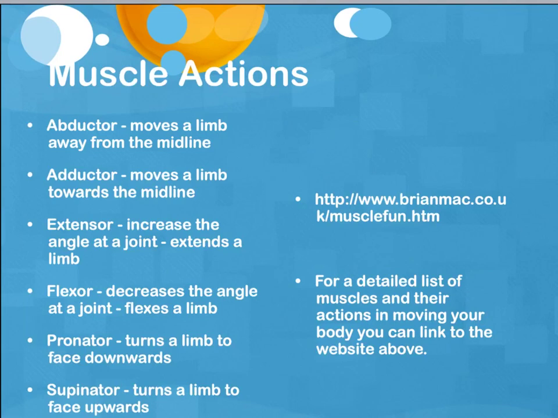And these are just a few. And if you go to that website listed there, you can find a detailed list of muscle actions and then individual muscles and what their action would be. So I encourage you to do that if you want to know more about these actions. We'll be studying a few of them in class and get a better idea of what each of them do.